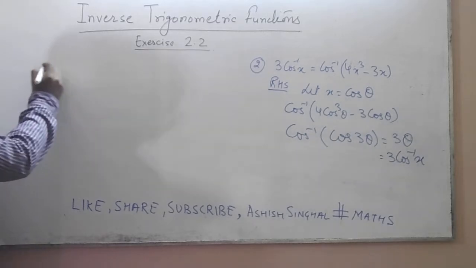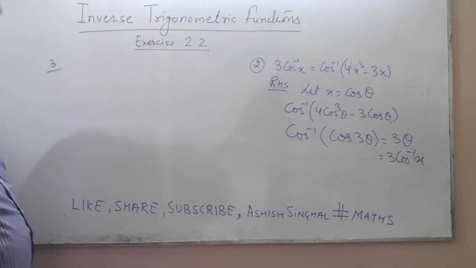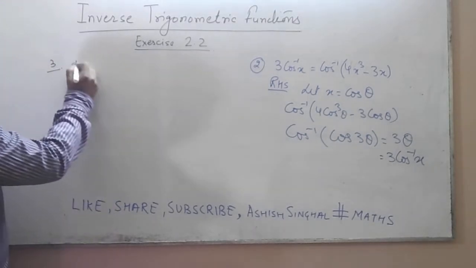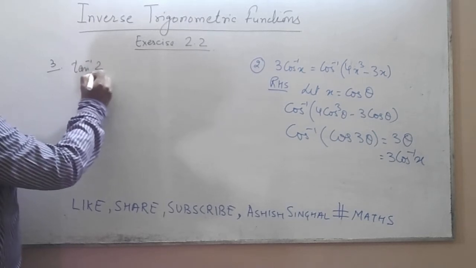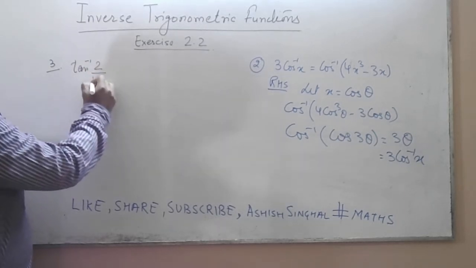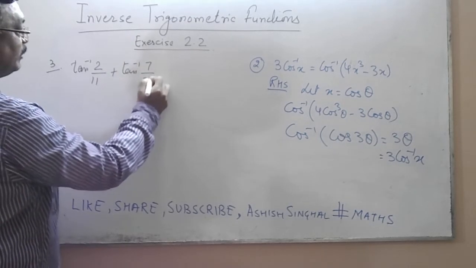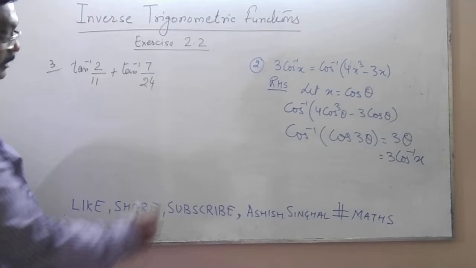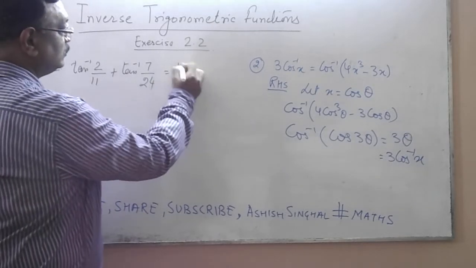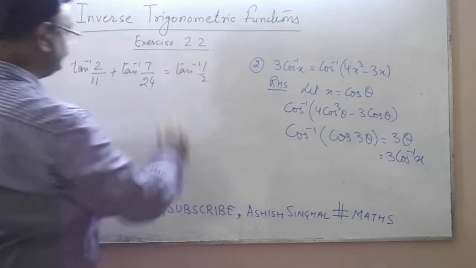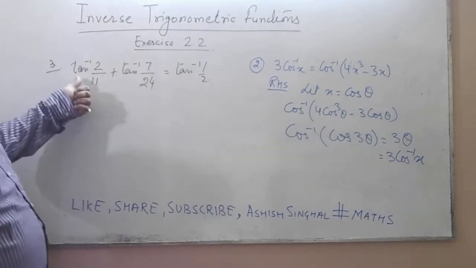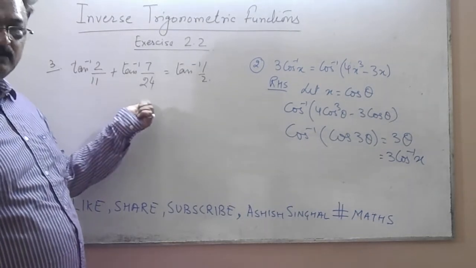The question number 3 is to prove that tan inverse 2 by 11 plus tan inverse 7 by 24 is equal to tan inverse half. So dear friends, we have already seen tan inverse x plus tan inverse y.